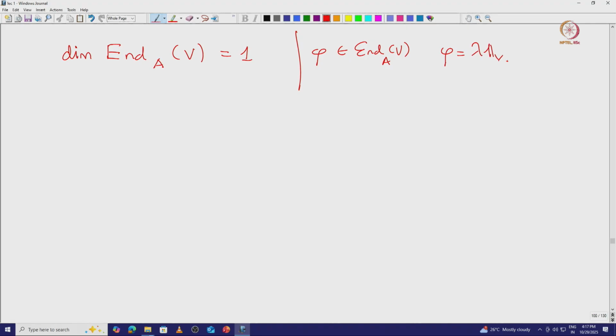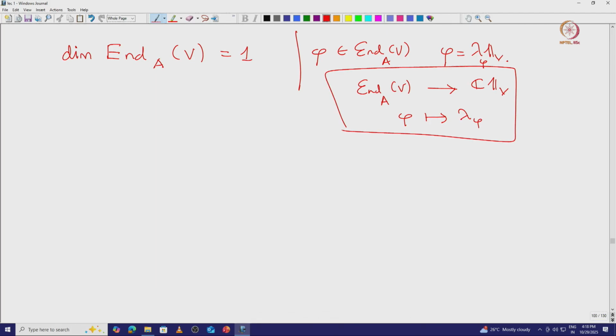So, we have a natural map from endomorphisms of V which commute with the action of A to this one dimensional space spanned by the identity map on V, where you take phi and send it to lambda phi, and this defines an isomorphism.